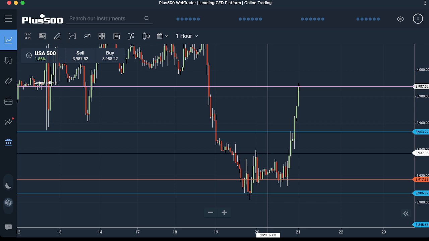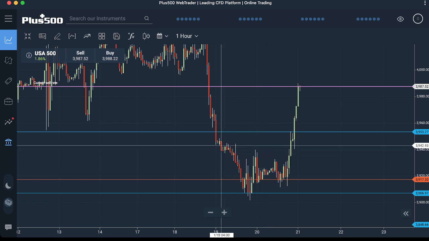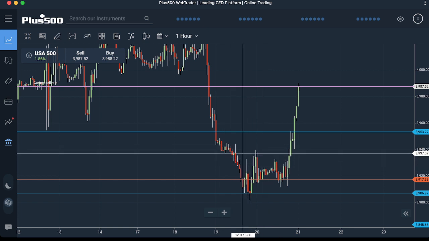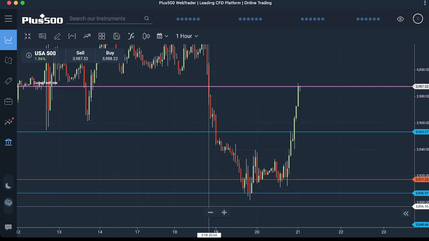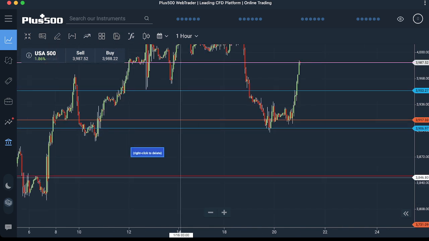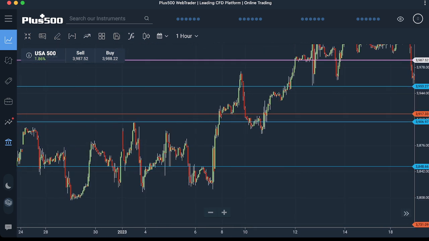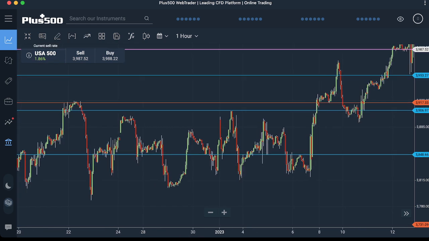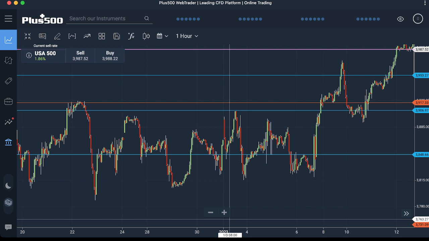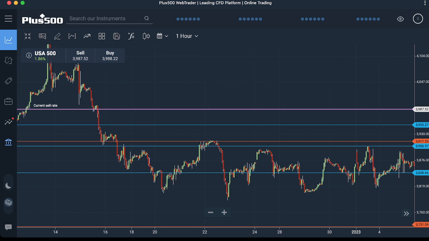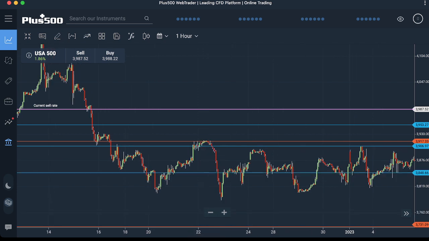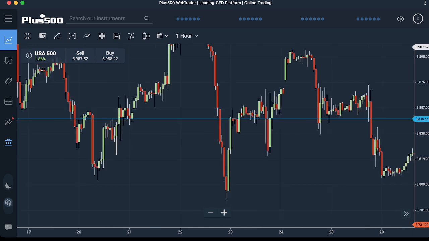You have to wait for the price action to reach closer to each point of interest and then look for the reversal candlestick. What do I mean by reversal candlestick? Okay, let me show you. Let's see if we can find a good example here.